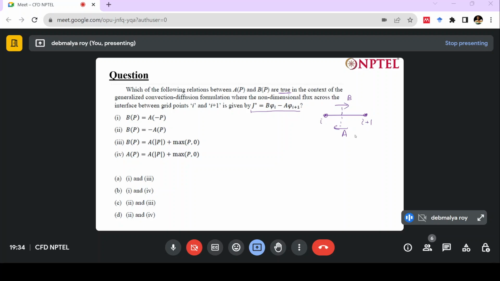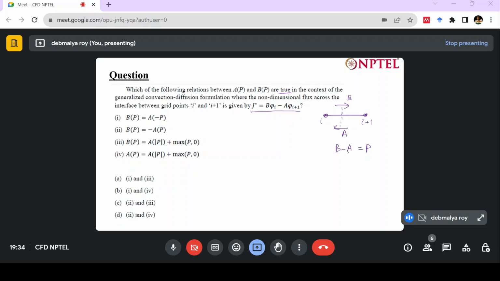So whatever advection component we had has been reversed. If that is the case, what would happen? If our magnitude is constant, then B minus A still remains P.